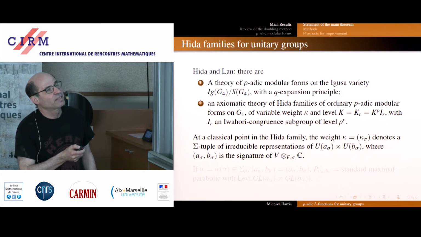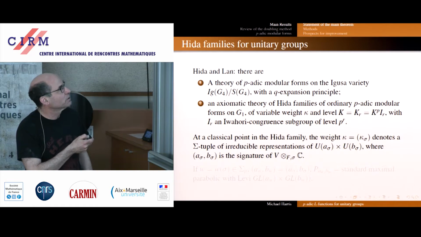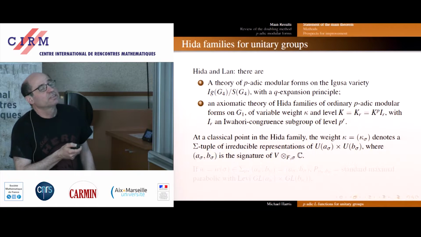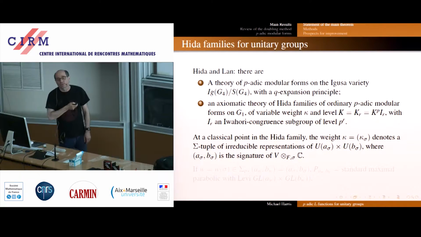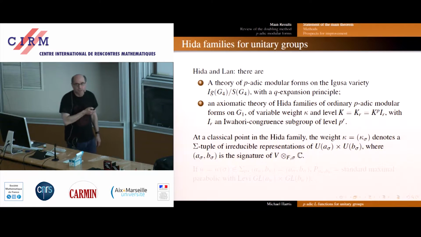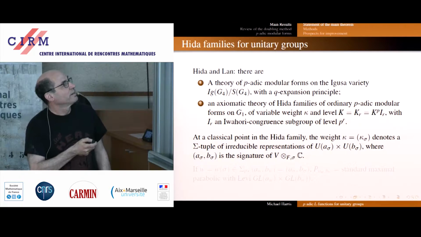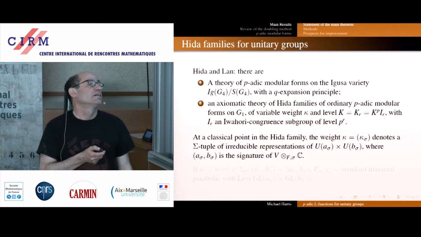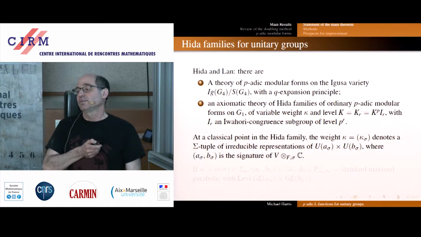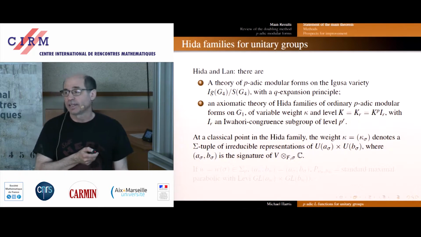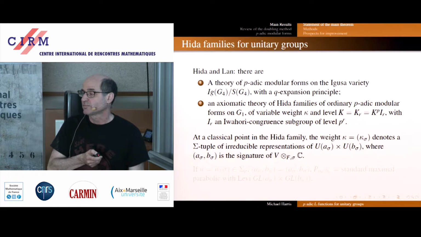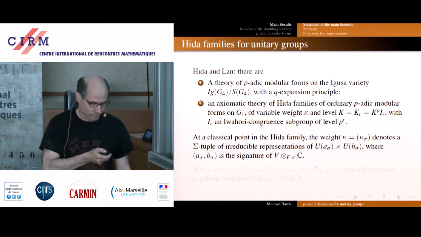So at the element sigma in the CM type, the signature of your original Hermitian space V is (a sigma, b sigma). And so the weight is on the one hand an irreducible representation of this. On the other hand, all that really counts is the highest weight of this representation. Okay?